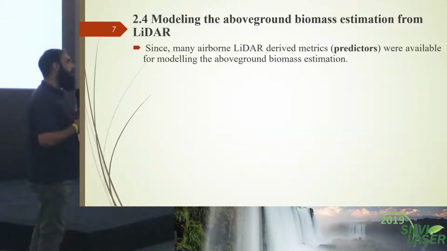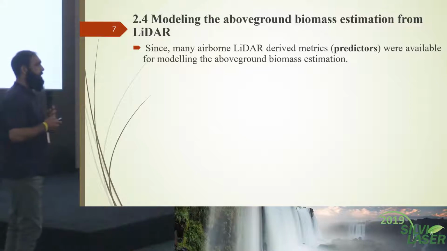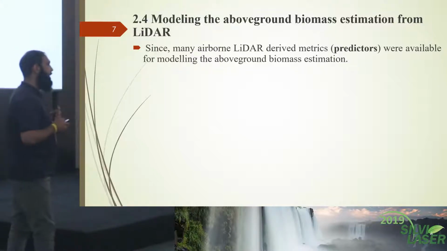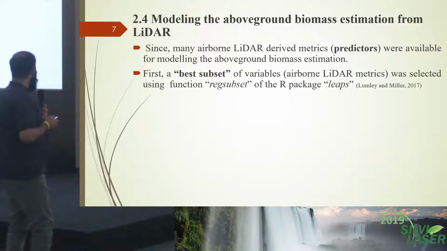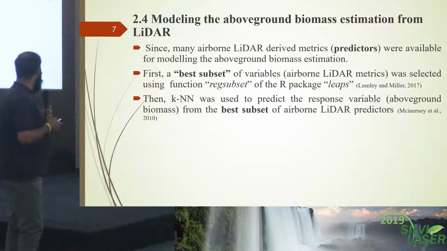We had many LiDAR metrics, for example, more than 100. So we needed to select the best subset among those predictors. And for that, we used the regsubsets package of R.